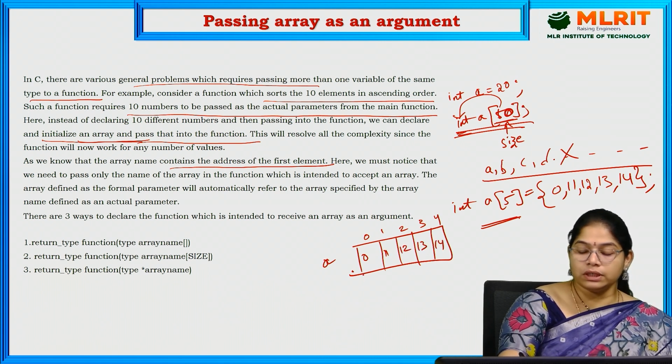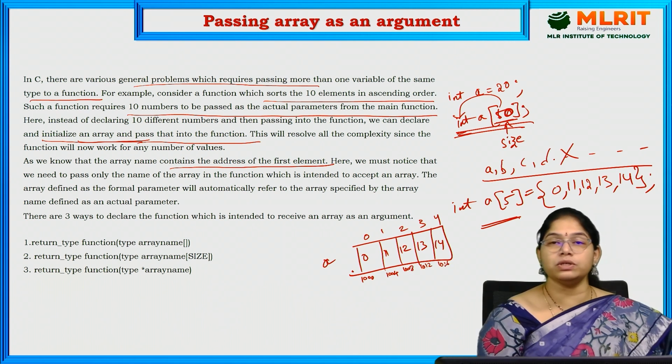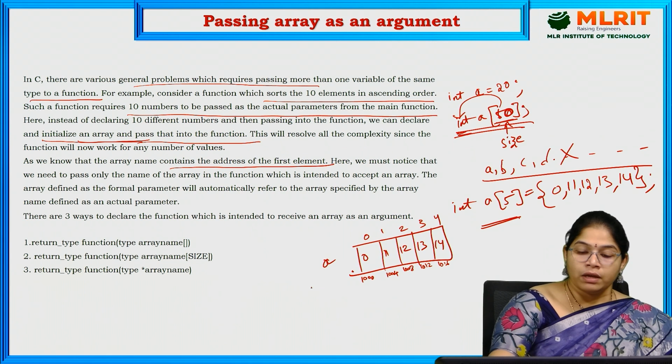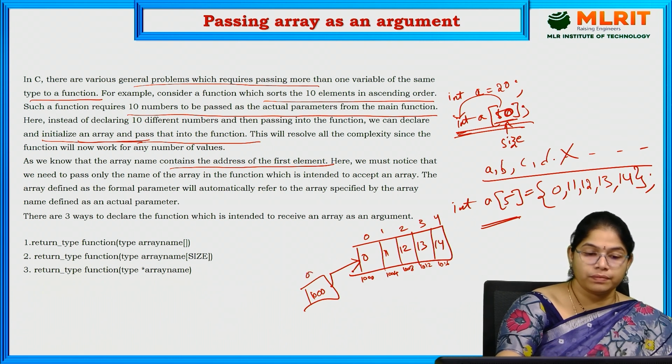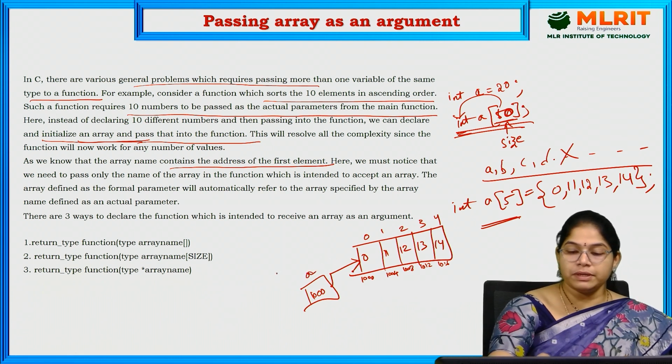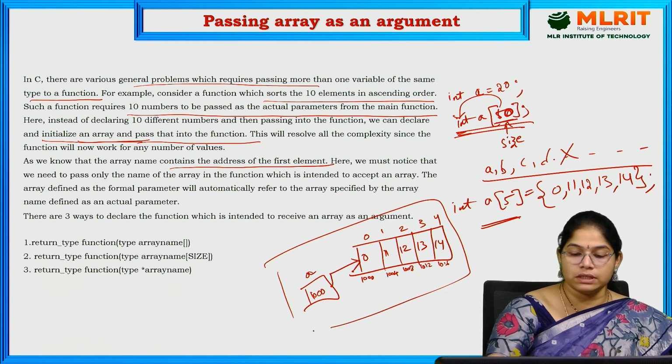Initially the address is 1000, suppose. Next would be 1004, 1008, 1012, 1016, because each integer occupies 4 bytes of memory. Then a stores the base address. It is pointing here. This representation we have already discussed in the arrays topic.